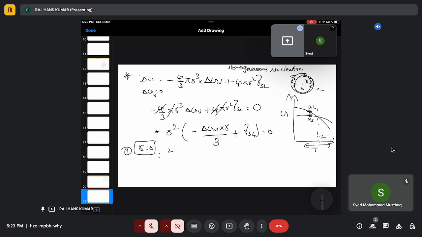Now the second case is this one. If this equals 0, what does that mean? R equals 3 gamma SL upon delta Gv.